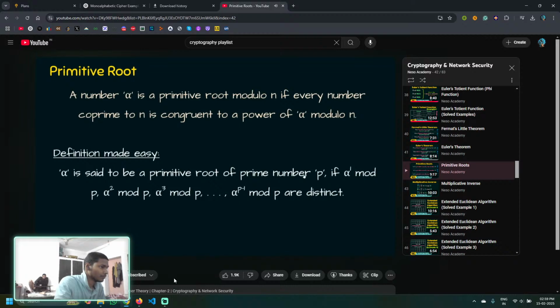Alpha is said to be a primitive root of a prime number p if alpha power 1 mod p, alpha power 2 mod p, alpha power 3 mod p, up to alpha power p minus 1 mod p are distinct.